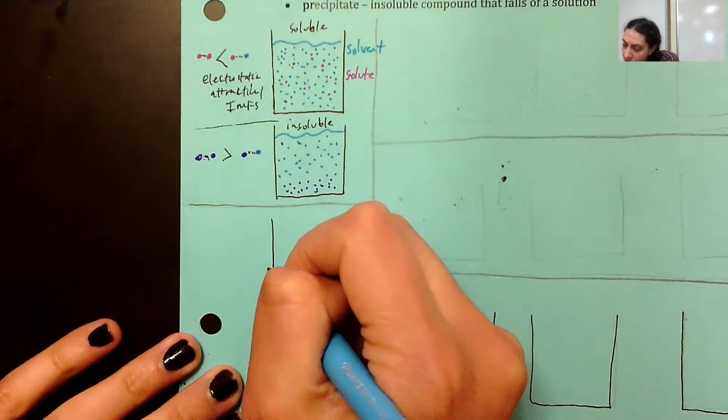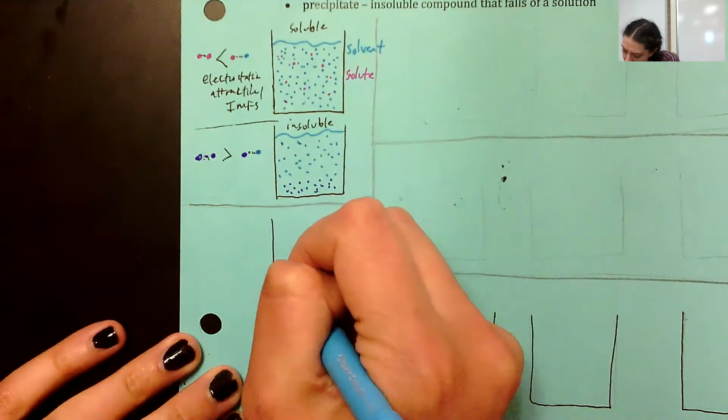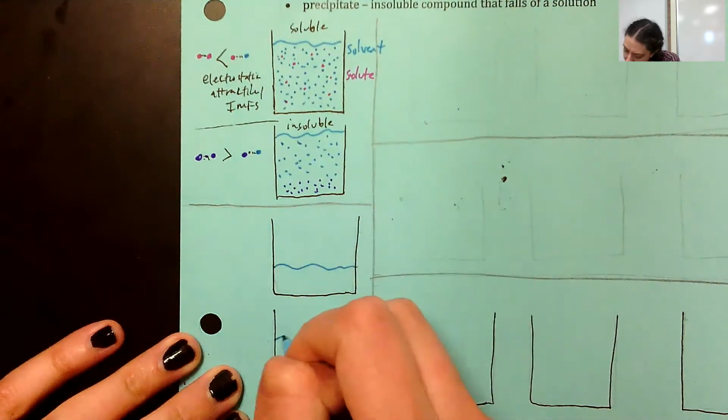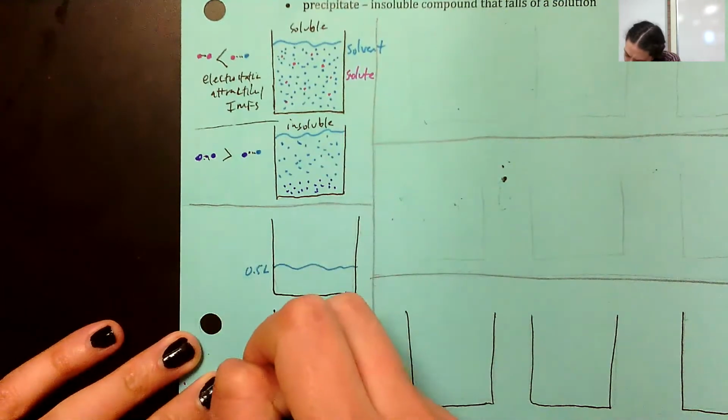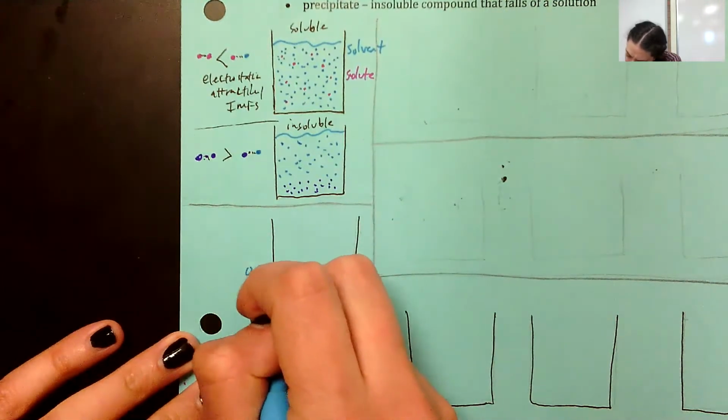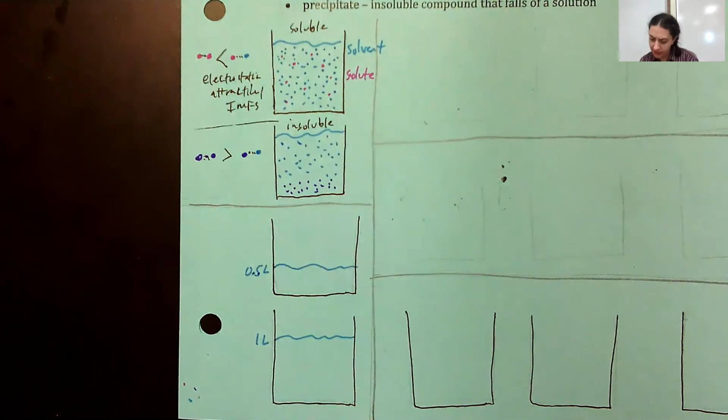Let's draw two different volumes. Let's do like half of a liter, and let's do 1 full liter. I think that's kind of fun. Okay, so this first one is going to be an example of a very concentrated solution.